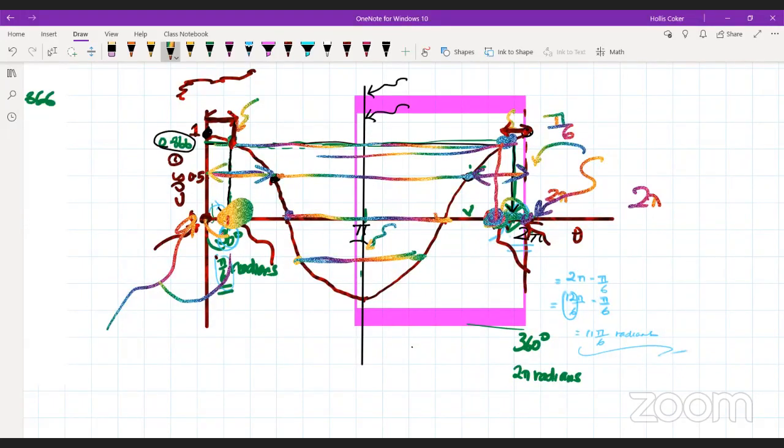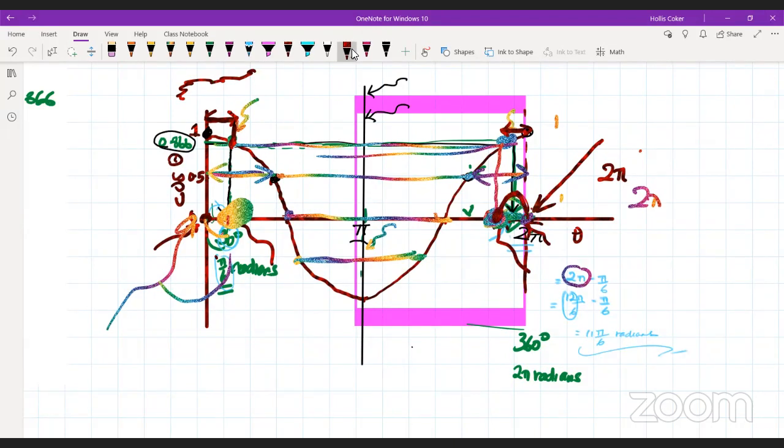All right, so if this is 2 pi here, let me put a nice red line here now. If this is 2 pi here, the angle to the left of it will be pi on 6 radians less. So I'm going backwards to the left, so I have to subtract pi on 6 radians in a jump to come to the angle.